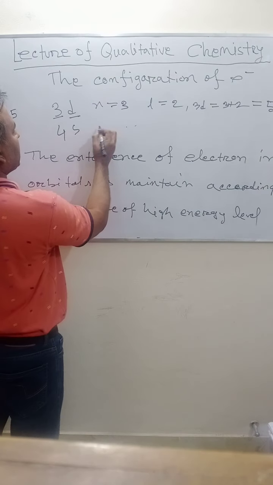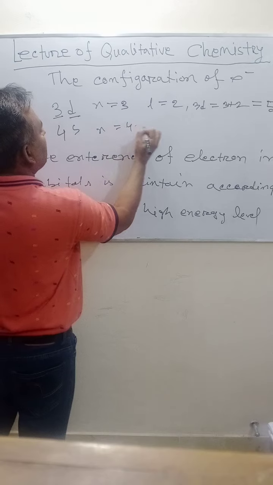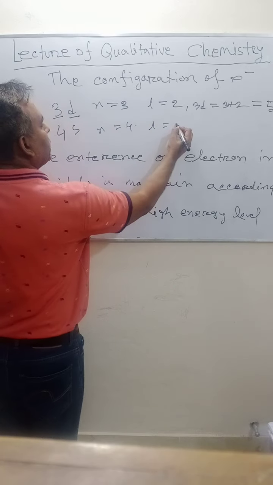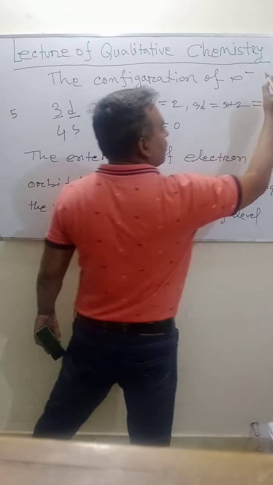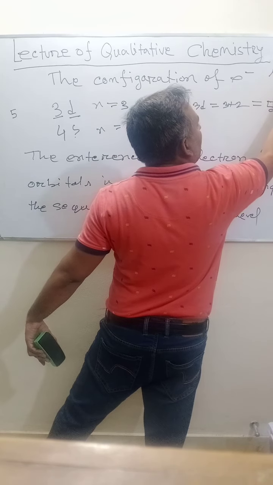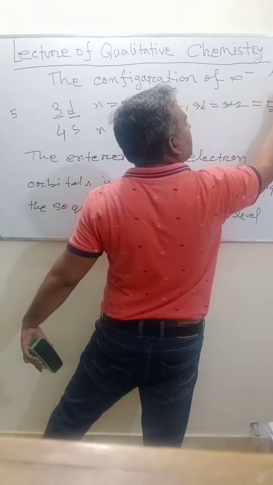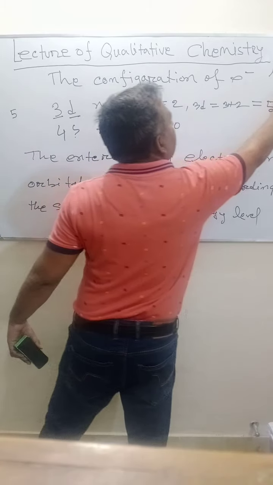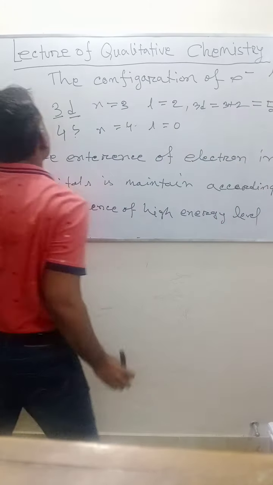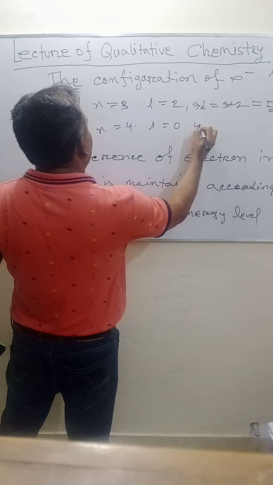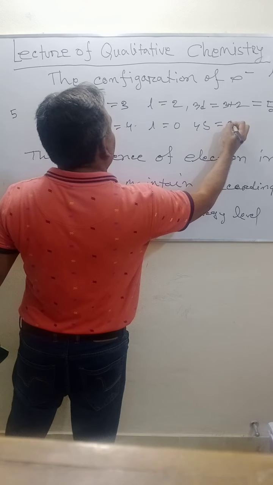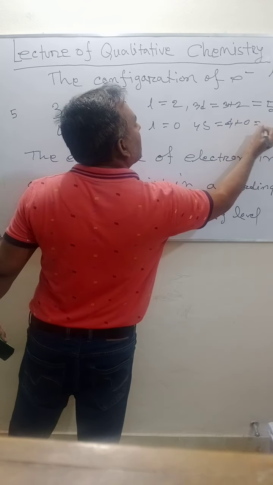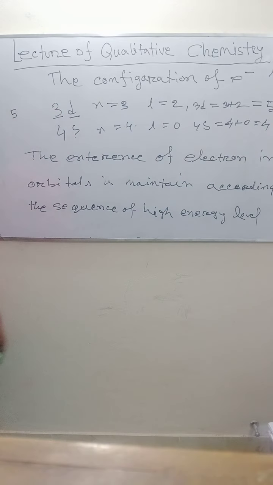4s: n equal to 4, l equal to 0. s means 0, because you know that l's value is 0, 1, 2, 3, and s is always 0. This is p, this is d. That means 4s equals 4 plus 0 equals 4. So where will the electron enter first? Definitely 4s.